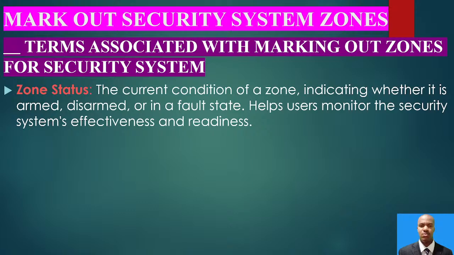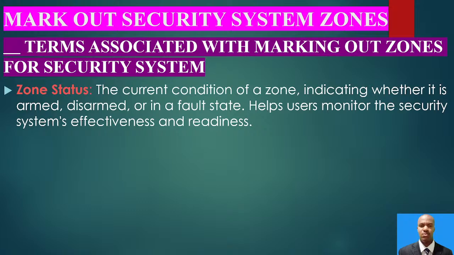Then we have the zone status, and I think these are repetition, but we can go through it. The current condition of a zone, indicating whether it is armed, disarmed, or in a fault state.